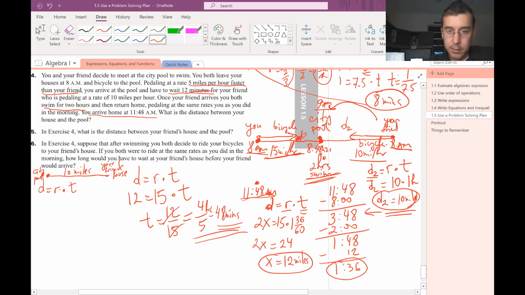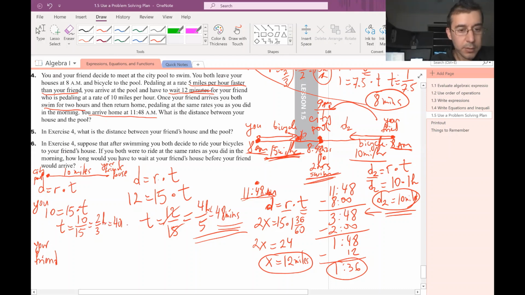So let's do first you, and then your friend. So you, the distance is 10 miles, so 10 equals R is 15 miles per hour, so 15 times T, or T is 10 over 15, or that's 2/3 of an hour, or that's what, 40 minutes. Right, there are 3 20-minute chunks in the hour, that's 40 minutes. So you arrive there in 40 minutes.